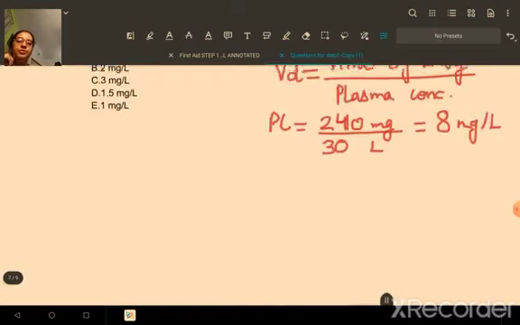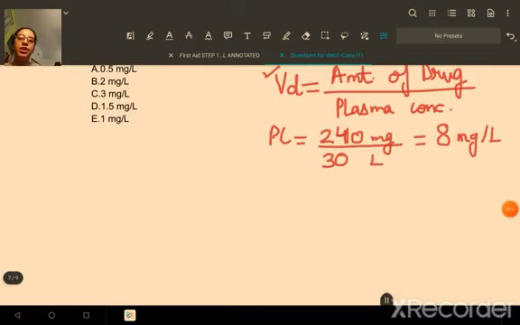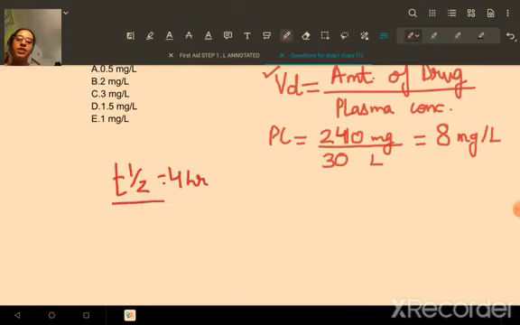Now, another thing that has been given in the question is the half-life of 4 hours. What is half-life? The time it would take to reduce the concentration of the drug to 50% of its original value.